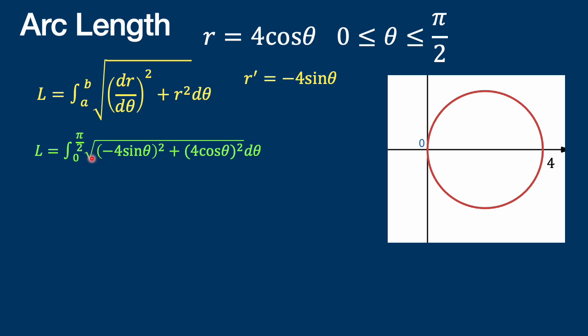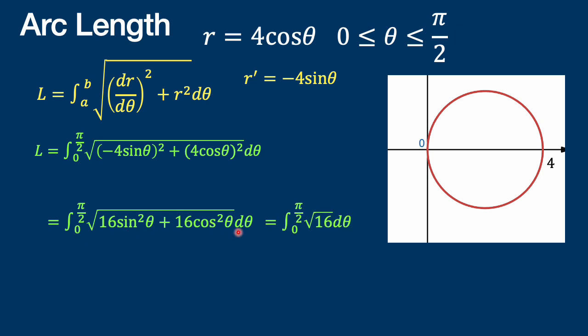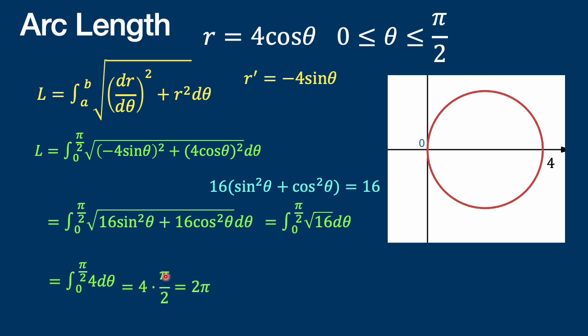So the integral from 0 to pi over 2 of the square root of (−4 sinθ)² + (4 cosθ)² dθ, which is 16 sin²θ + 16 cos²θ. Inside the square root is 16, and the square root of 16 is 4. So the integral from 0 to pi over 2 of 4 dθ gives 4 times pi over 2, which is 2π.